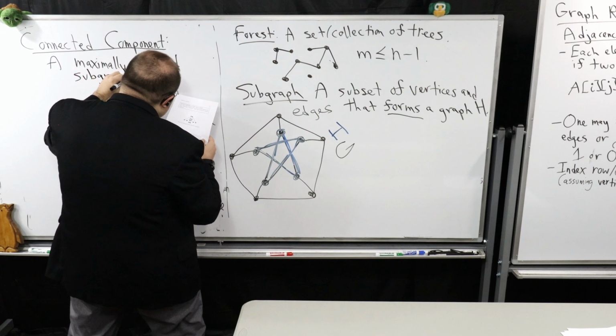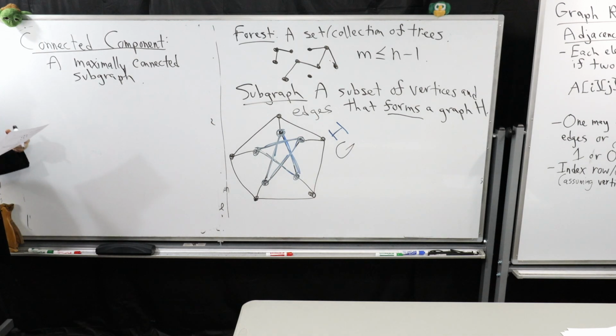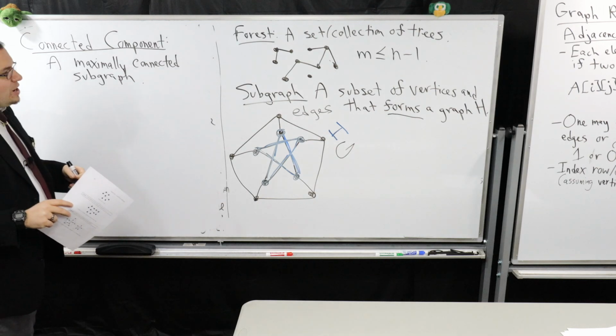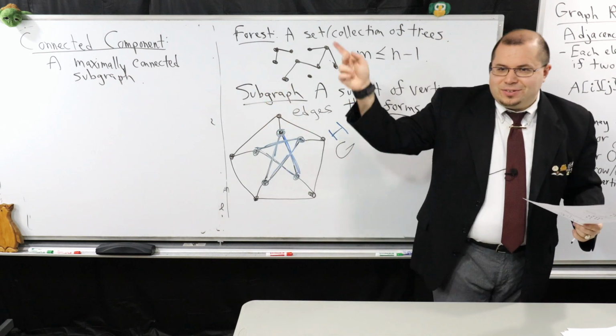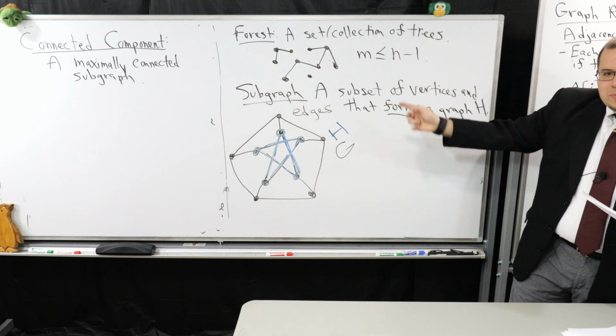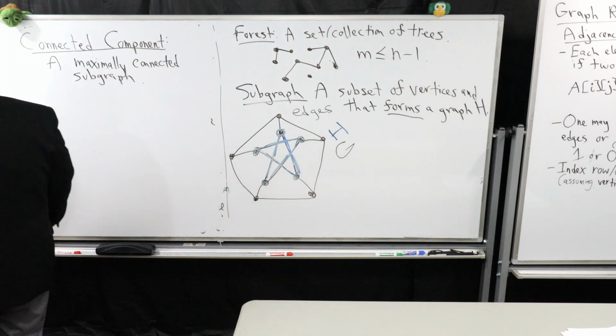I must stress that if a graph is connected, it has all the vertices such that there are paths that go between any two vertices. There exists a pathway. That's what it means to be connected.